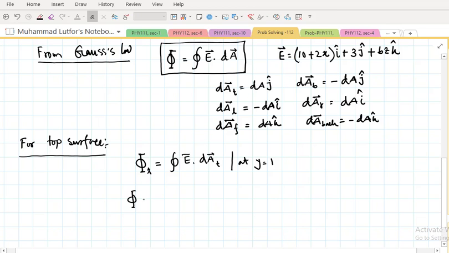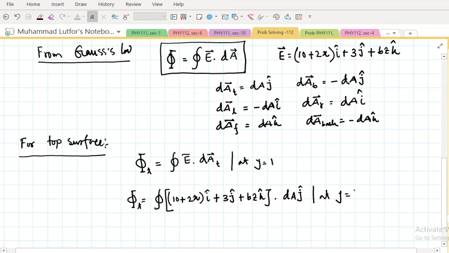Say I'll write, so this phi t is the integral of 10 plus twice x into i hat, plus thrice j, plus bz k, dot dA j hat, right, provided at y equal to 1.